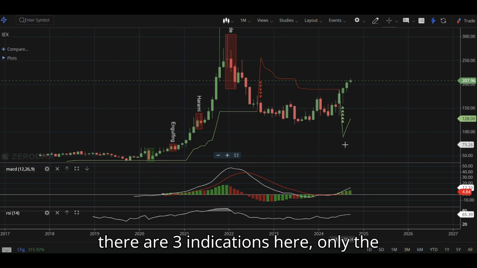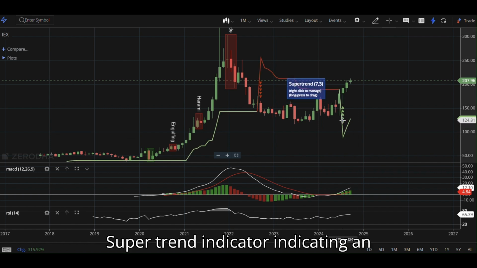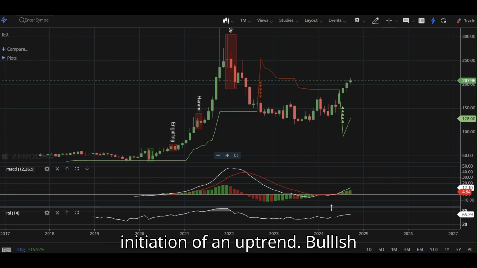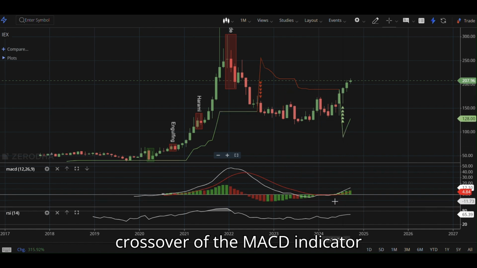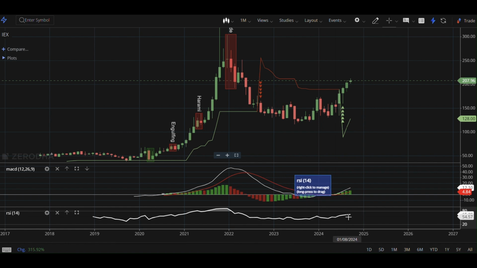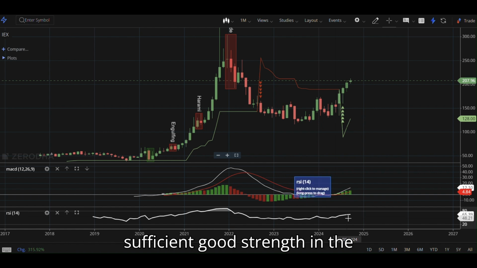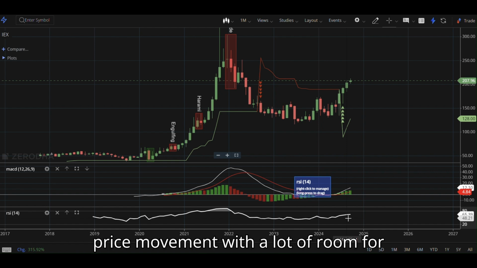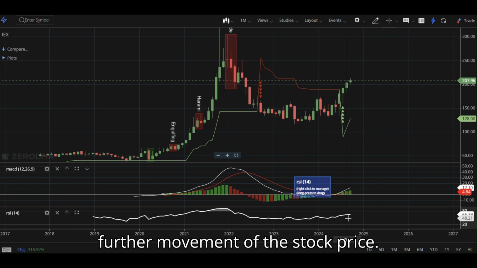So there are three indications here: the super trend indicator indicating an initiation of uptrend, the bullish crossover of the MACD indicator, and the RSI 14 showing sufficient strength in the price movement with a lot of room for further movement of the stock price.